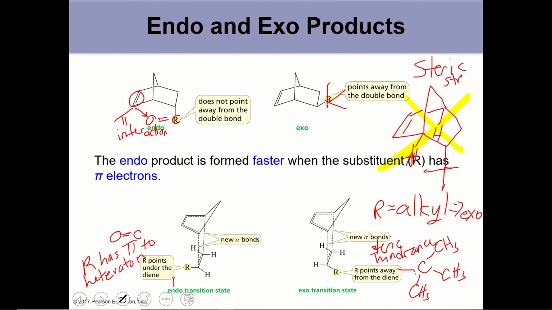And we get our exo when R has no extra pi bonds to heteroatoms and R is all sp3 atoms.